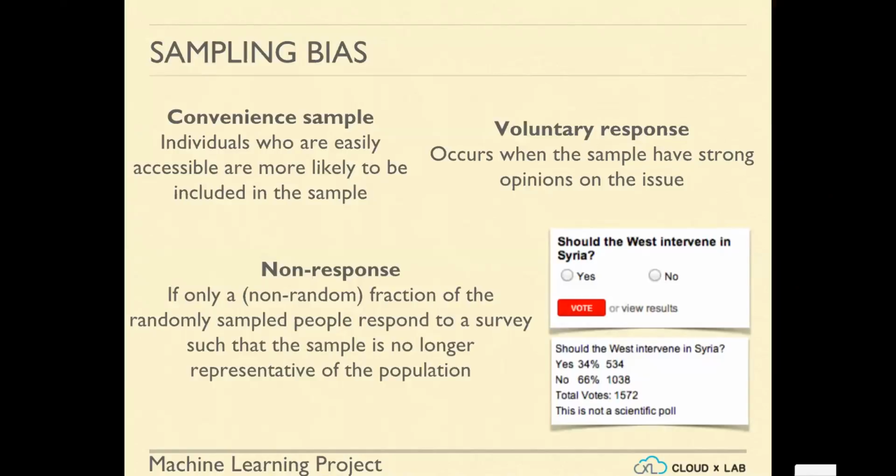Now the third one is non-response. There could be a population which is not interested in answering a question, and that causes the non-response bias.